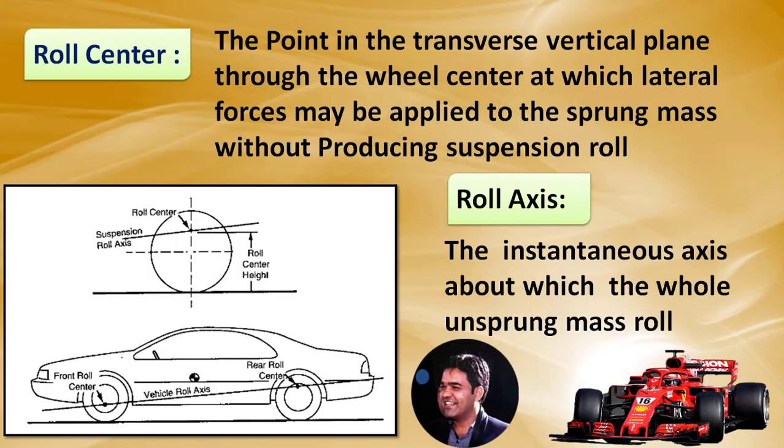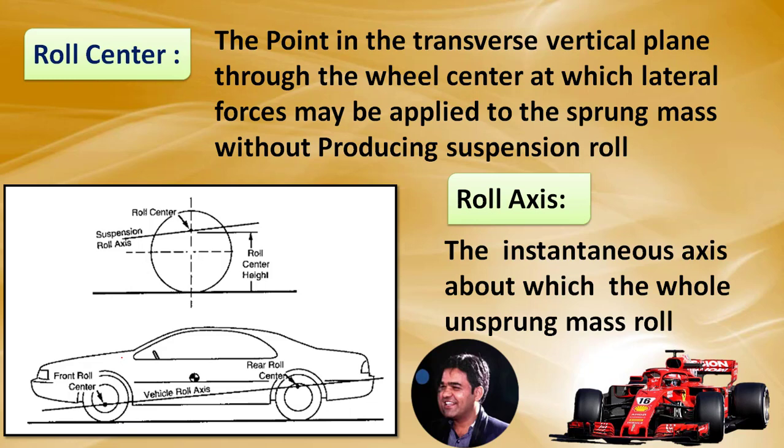Roll center. The whole vehicle body is divided into two types of masses: one known as the sprung mass and the other known as the unsprung mass. Now, the sprung mass is completely suspended by the suspension system.